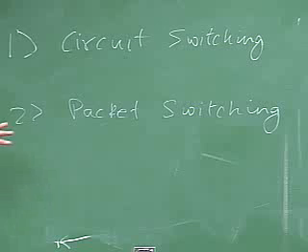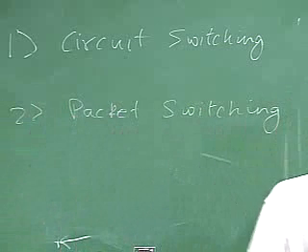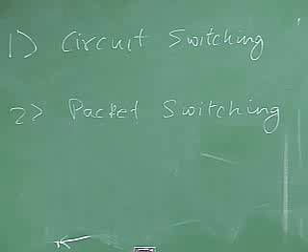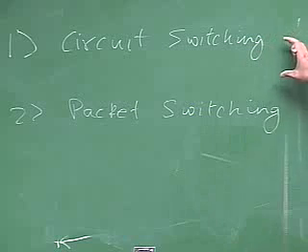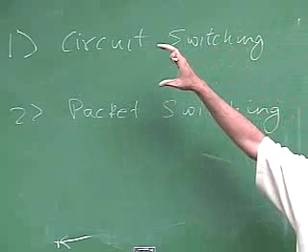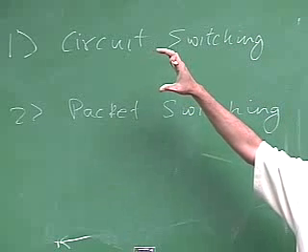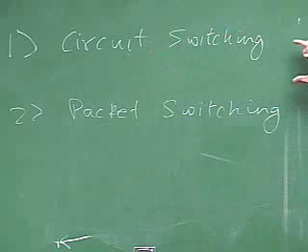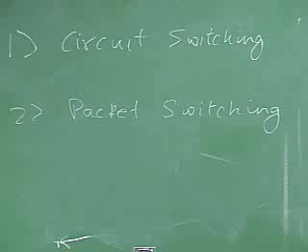Now, it's sort of important to know the difference between the switching technology, which is circuit versus packet, versus the data format. You can still have packets going on a circuit switch network. But the technology would be circuit switching.